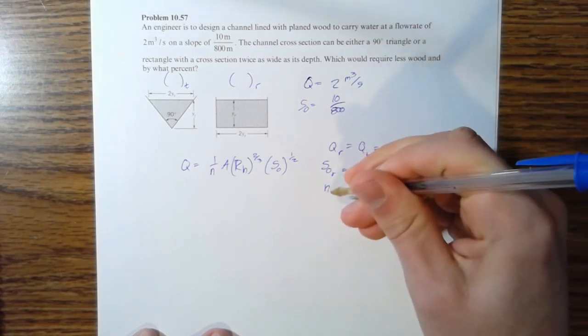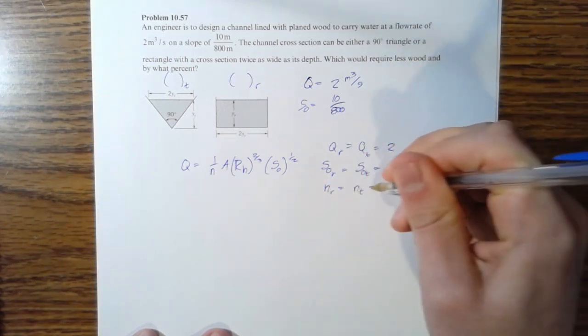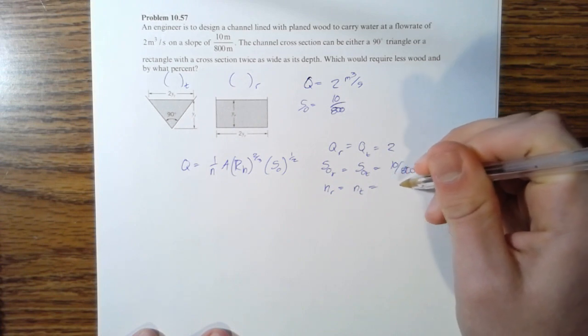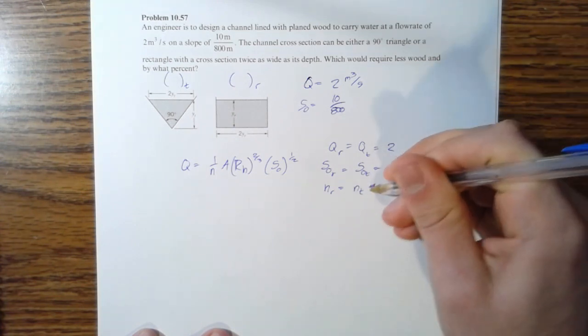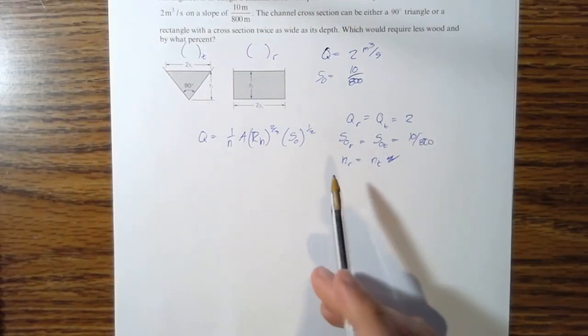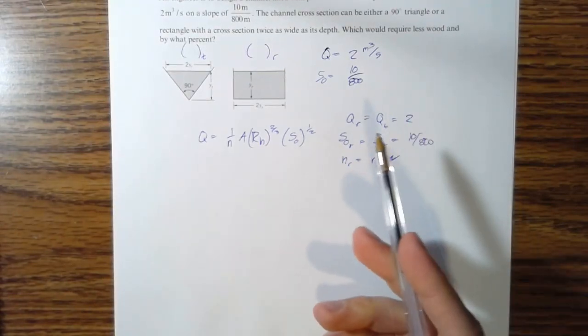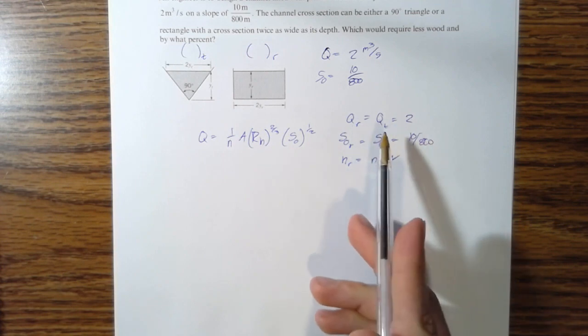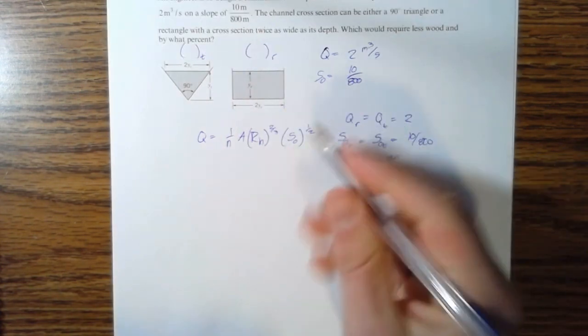We're also going to assume they have the same wood, so they have the same Manning coefficient. Then we can do some substituting to relate r to t.